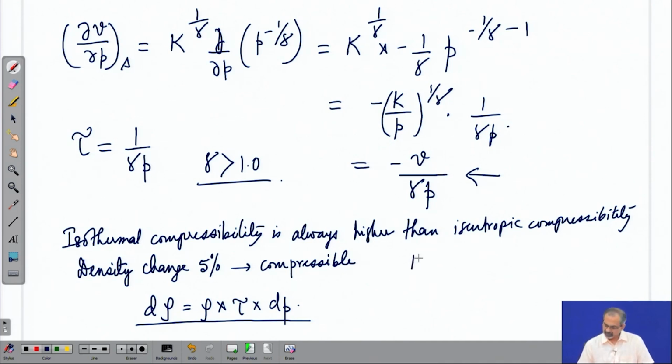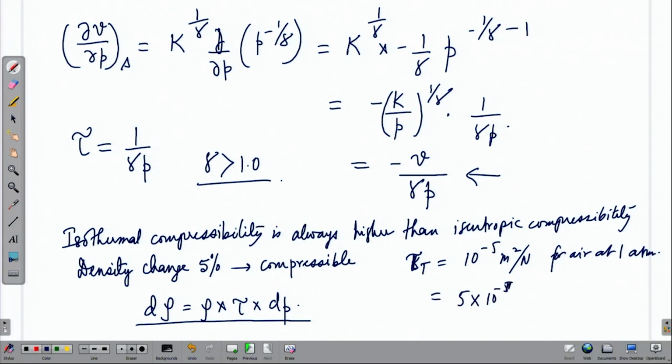Typical values of, say, isothermal values of compressibility can be given as 10 raised to the power of minus 5 meter square per Newton for air at 1 atm, and 5 into 10 to the power of minus 10 meter square per Newton for water at 1 atm.